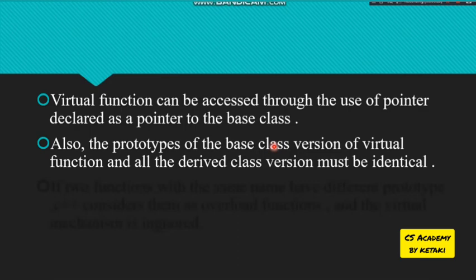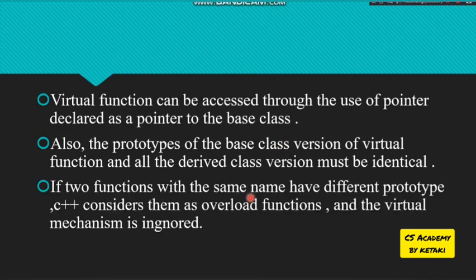Means the function present in the base class must be identical to the function present in the derived class. I already discussed the prototype: prototype means the syntax, how to declare the function.